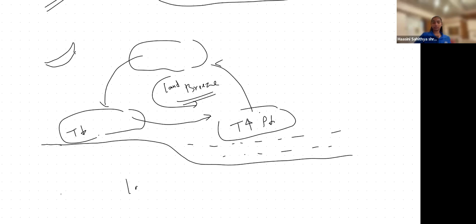So convection is a way in which the material moves. It's only possible for a medium which can actually flow, so it's only possible for fluids, the air or the liquids, which have the ability to flow. It's not possible for solids.